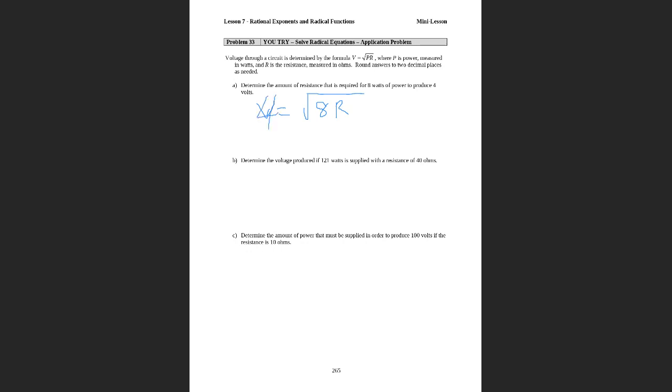So I could also put 4 in here for V. Because I've got a square root, to take the square root out, I would square this, and then I'll also square that. So I have 16 equals, the square root will cancel the square, 8R. I divide by 8, I divide by 8. What is R? It's 2. So R equals 2. That's it.